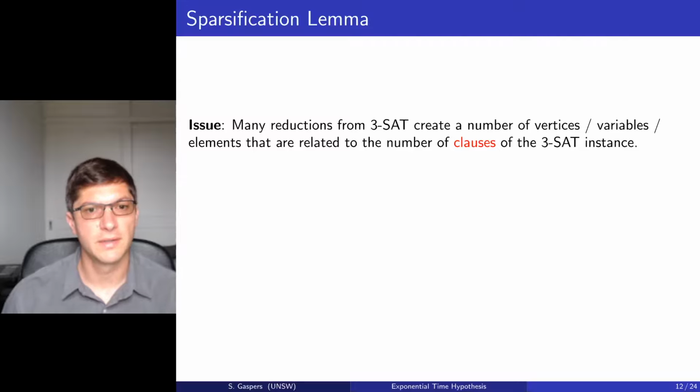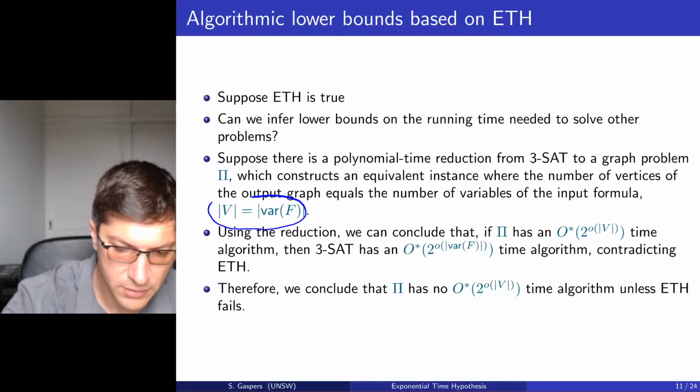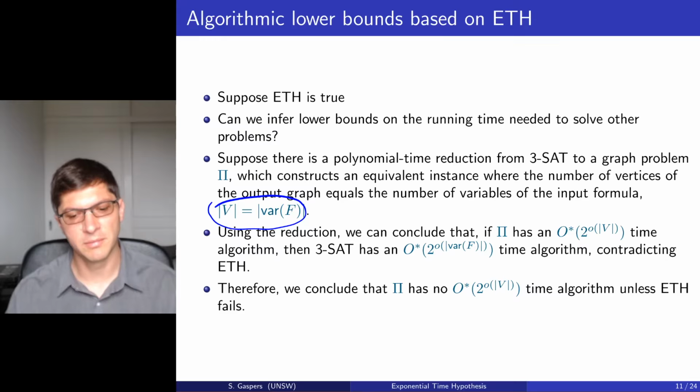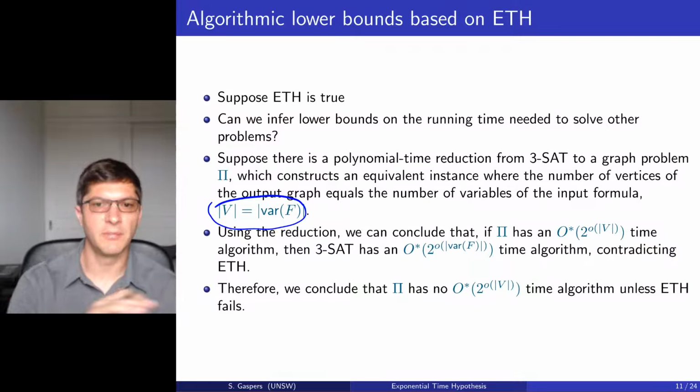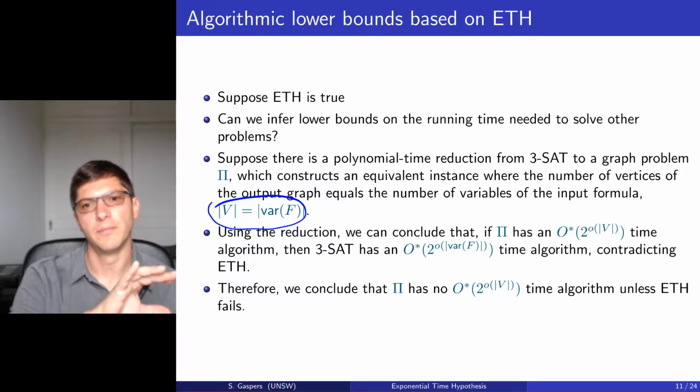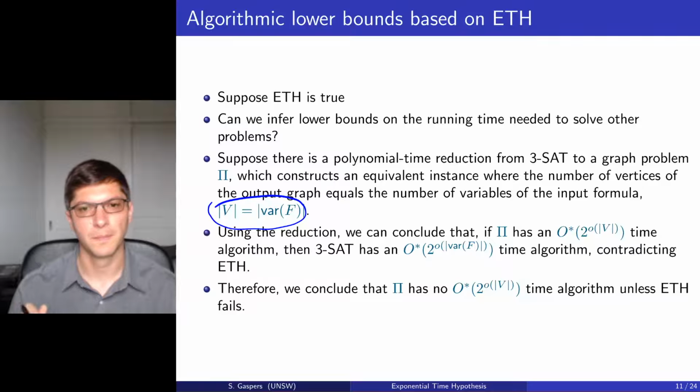The issue with this approach is that many reductions from 3SAT create a number of vertices, variables, or elements that are related to the number of clauses of the 3SAT instance. So here we wanted the number of vertices of our graph problem to be equal to the number of variables of the 3SAT formula. But many reductions would create some vertices for the variables of the formula and some vertices for the clauses of the formula.